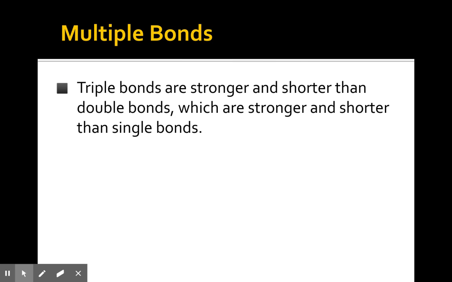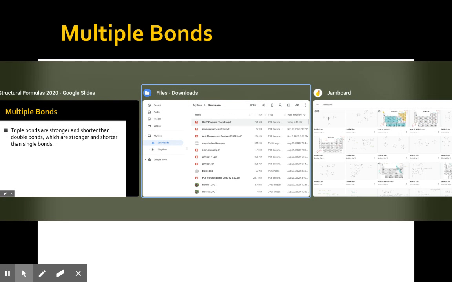One thing I do want to point out is that as far as multiple bonds go, triple bonds are stronger and shorter than double bonds, which are stronger and shorter than single bonds.